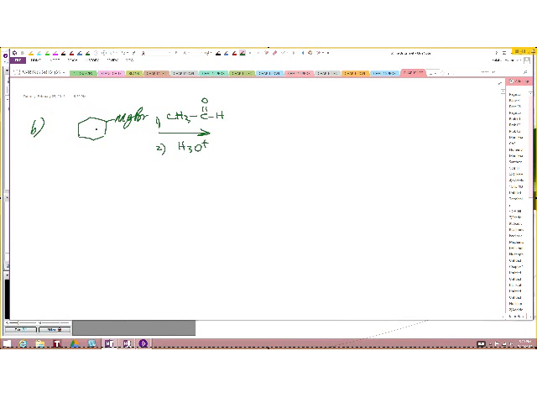You see the mechanism here. Nucleophile attacks this carbon here, pi electron goes to oxygen, and then you protonate the resulting alkoxide. So in this case, the Grignard will react with an aldehyde to give you a secondary alcohol.